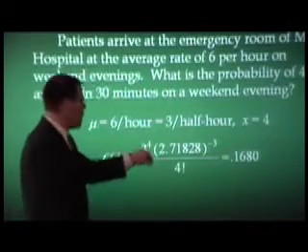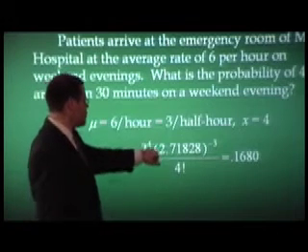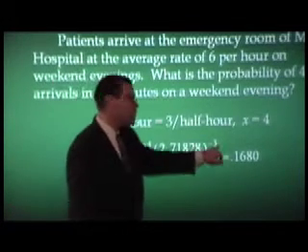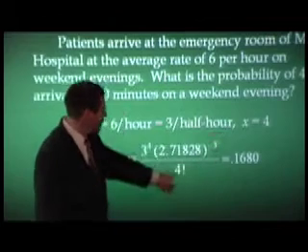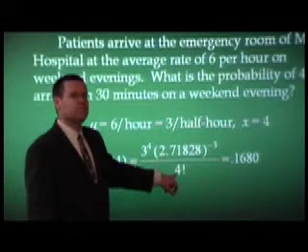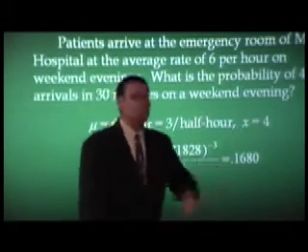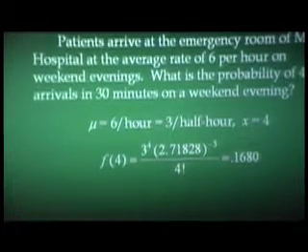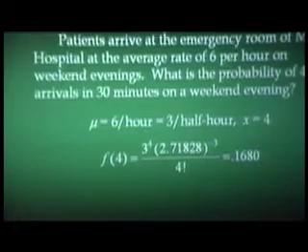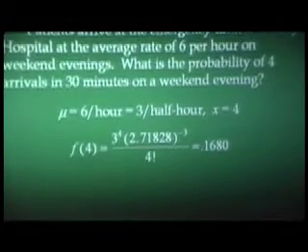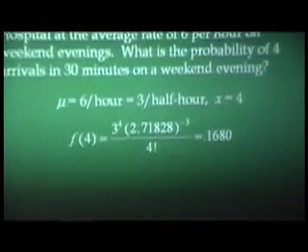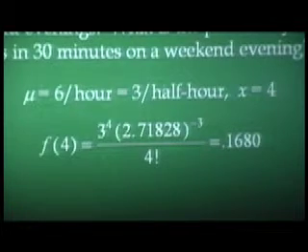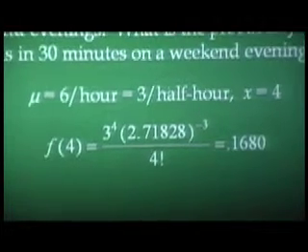So you plug in mu to the power of x, e to the power of minus mu, divided by x factorial. Gives you a probability of 16.8%. So notice that all you've done is calculate the average rate of arrivals, and based on that, you can come up with a fairly precise estimate for having 4 arrivals in the next 30 minutes.